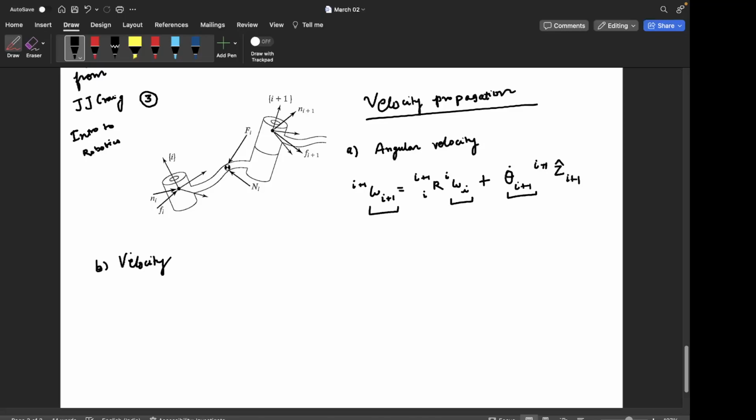And second is the linear velocity. Let me write it here.